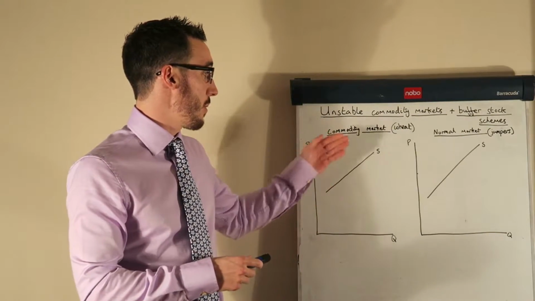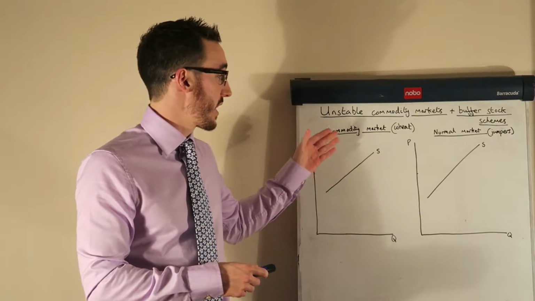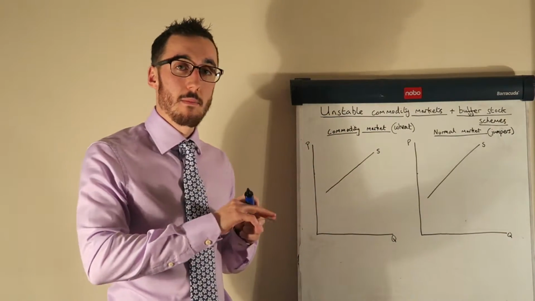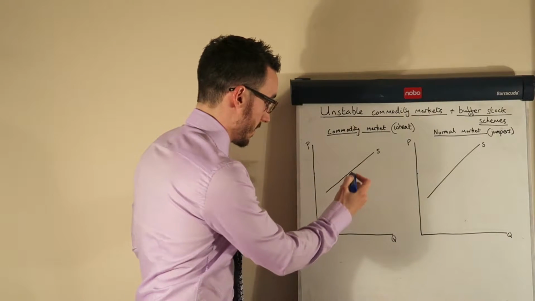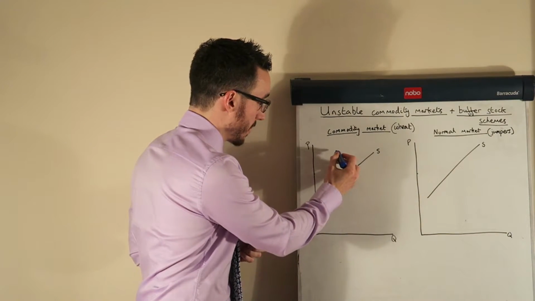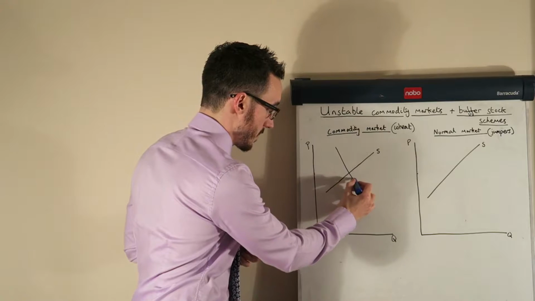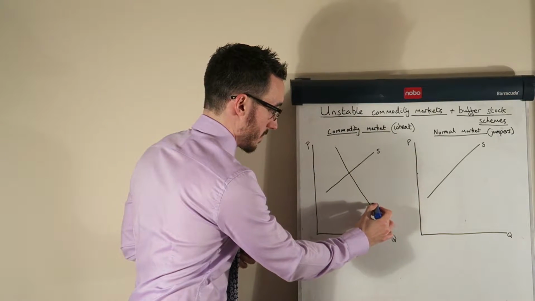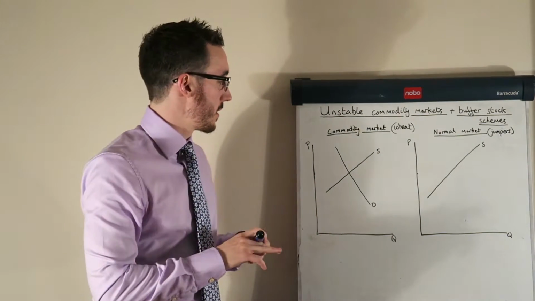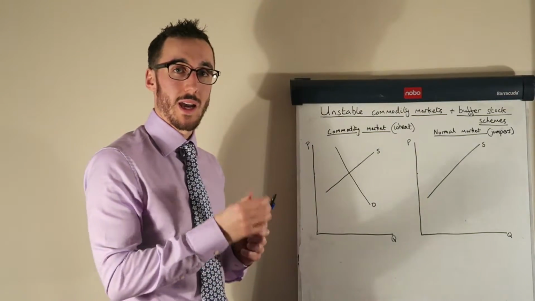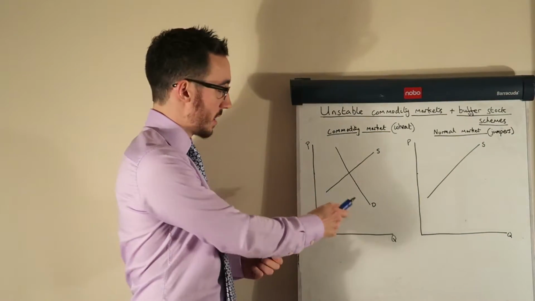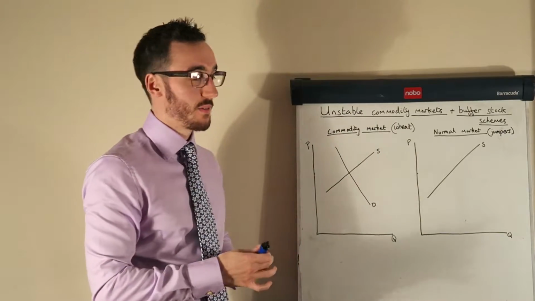So therefore, commodities, in general, we can assume that the demand is inelastic. And we draw that with quite a steep demand curve, like this. So commodity markets are inelastic in demand, and so it is a steep demand curve.